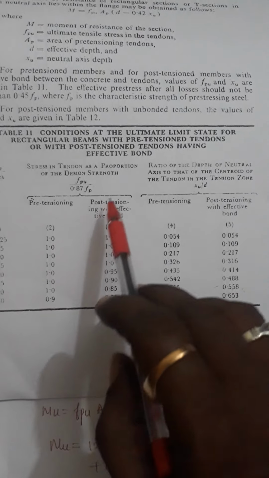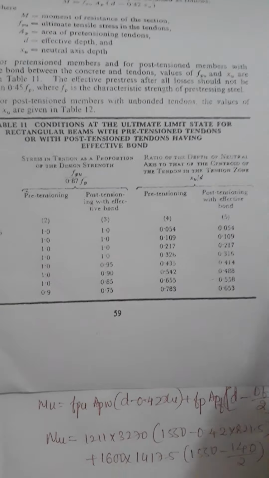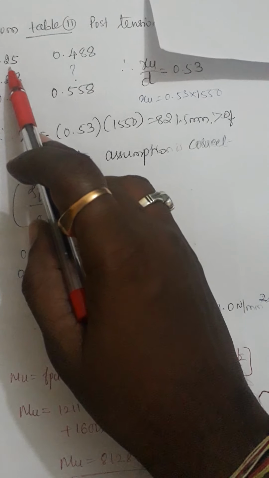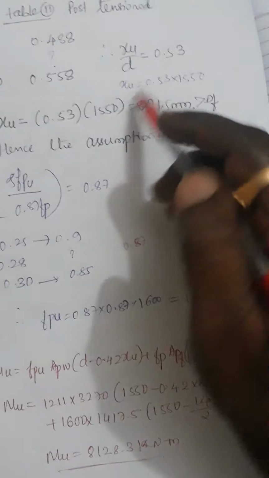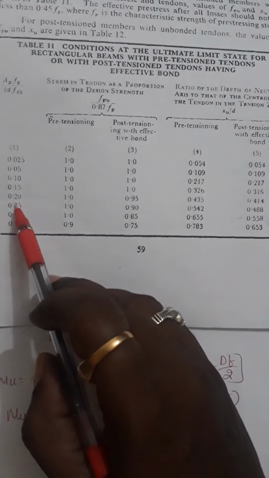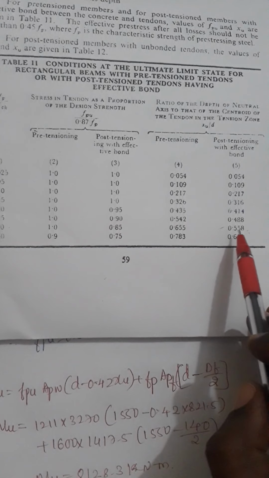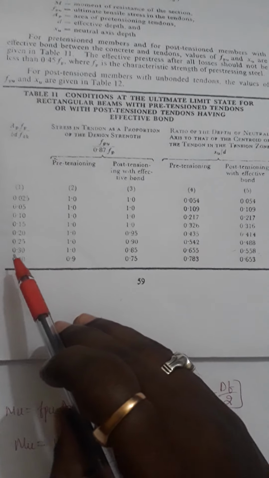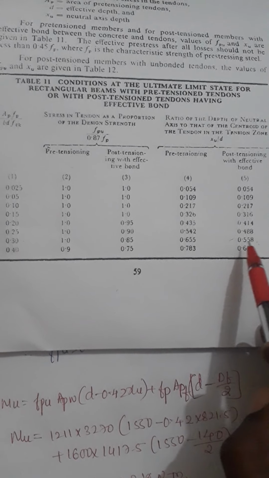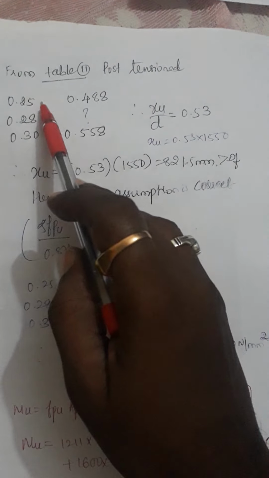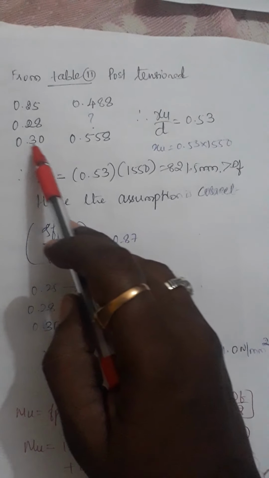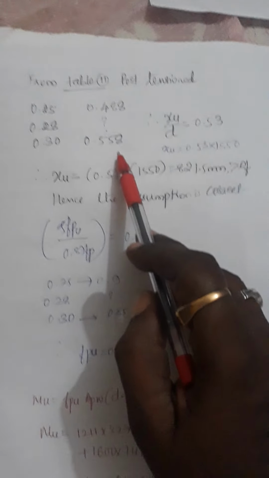Because it is post tension you have to see only these post tension values. So for 0.25 we got 0.488, that is for the XU upon D value, and for 0.30, 0.558.